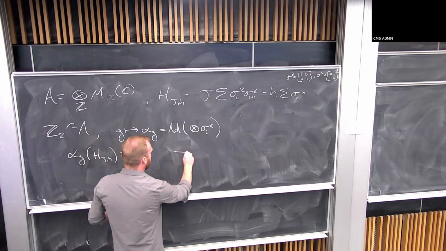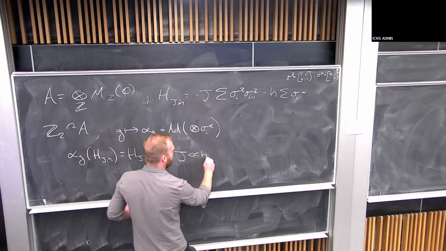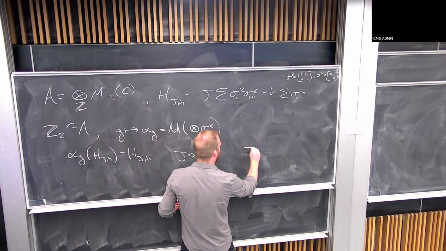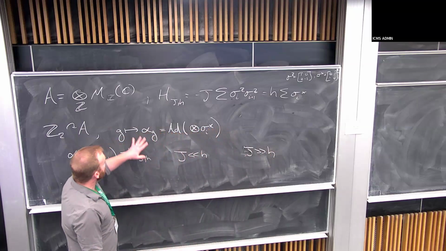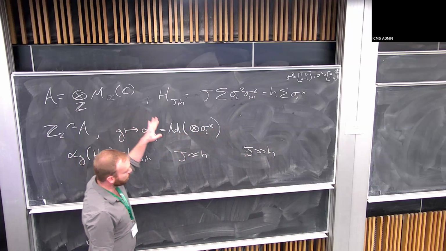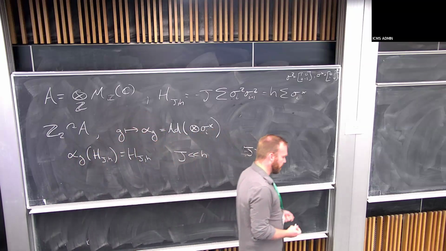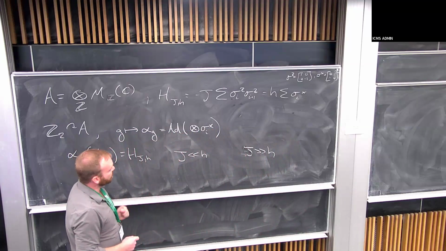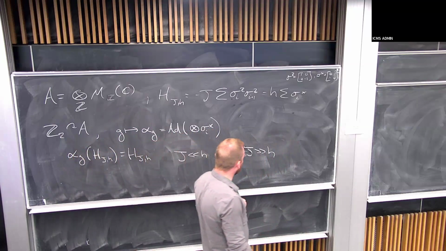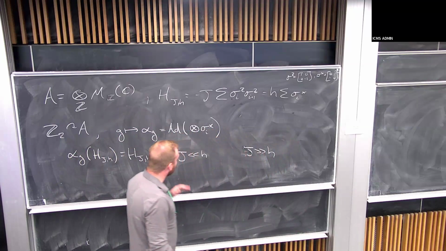One is when J is much smaller than h, and the other is when J is much larger than h. In these two cases, the systems are topological in a certain sense. They're examples of SPTs, in a slightly more general sense than maybe people have been talking about before, but they're very different SPTs.